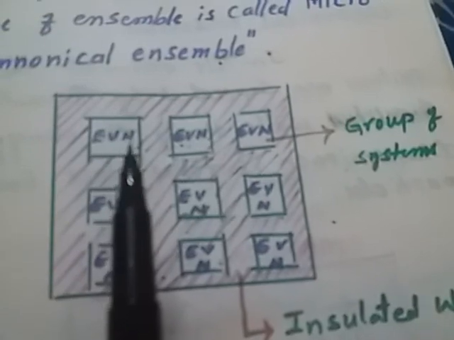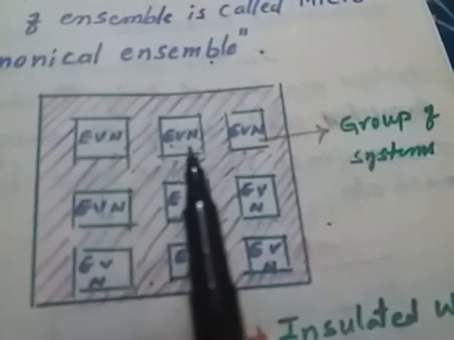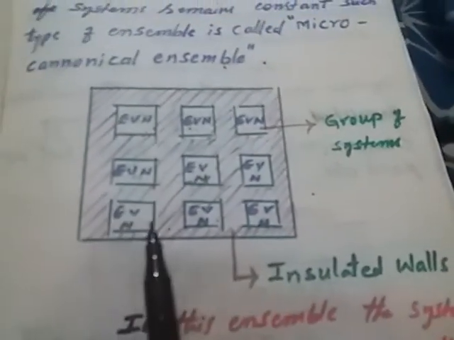Therefore the temperature of the tea in the thermoflask remains constant. Here also, the system does not interact with other systems or with the surroundings, because the surroundings and the systems also consist of thermal insulated walls.